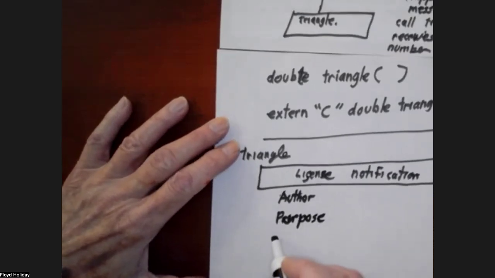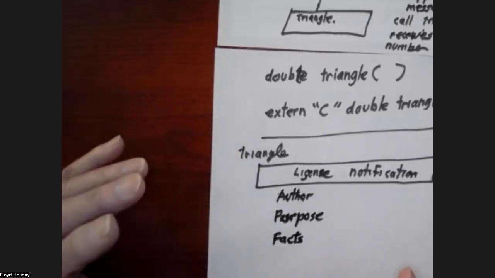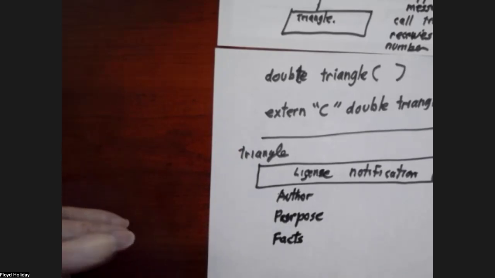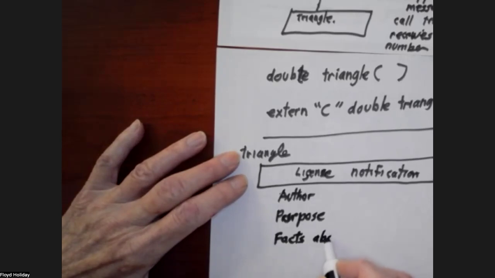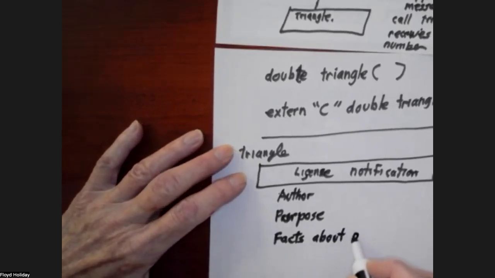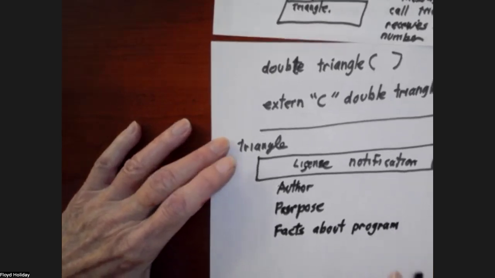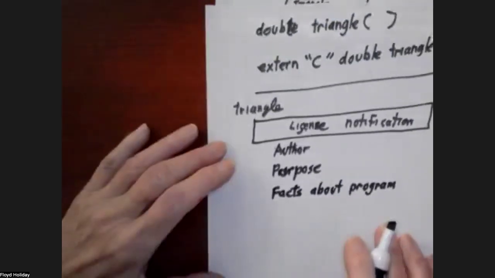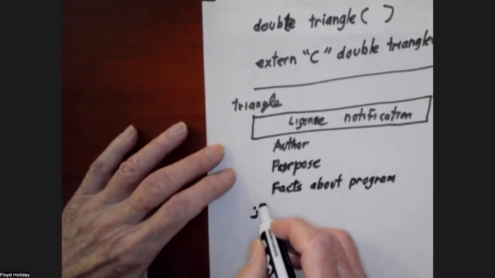And below that, there's technical facts: which language it was written in, the date of last modification, facts about the development of the program. None of that compiled. That's all comment stuff.